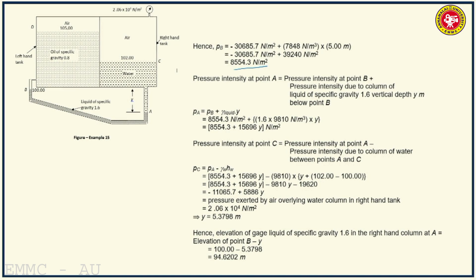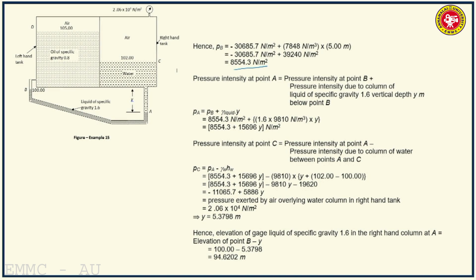Then pressure intensity at A. Again A is located below B. In fact, the level of liquid of specific gravity 1.6 in the right limb of the U-tube manometer A is below the surface of the liquid in the left limb of the manometer. So pressure intensity at point B plus pressure intensity due to the column of liquid of specific gravity 1.6.